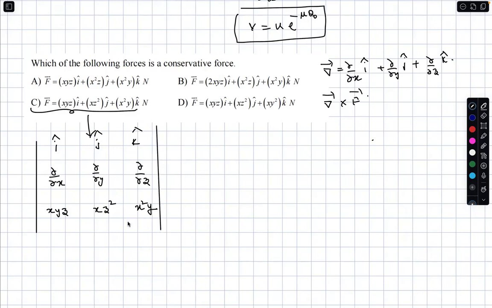You know how to do this. First, you take the i cap component. What is i cap component? dou by dou y of x square y minus, you know, determinant of this matrix, dou by dou z of x z square.